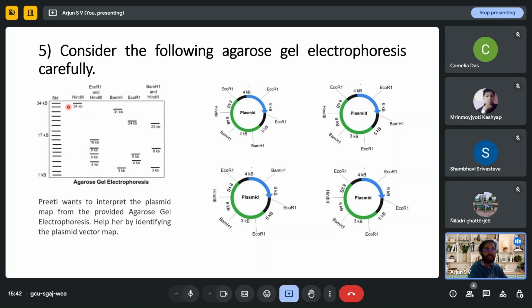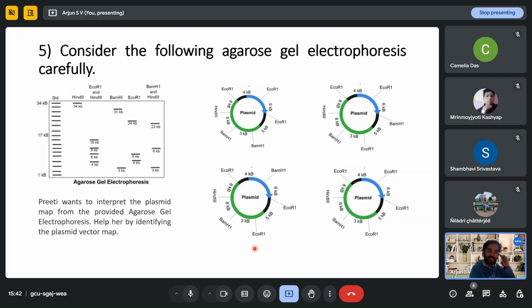So they have five cases: HindIII, EcoRI and HindIII, BamHI, EcoRI, and BamHI and HindIII. Each enzyme, when acting on its own or in combination, gives a different gel pattern. The question is, Preeti wants to interpret the plasmid map from the provided agarose gel electrophoresis. Help her by identifying the plasmid vector map. They have also provided four options, and you have to choose one. How will you go ahead?